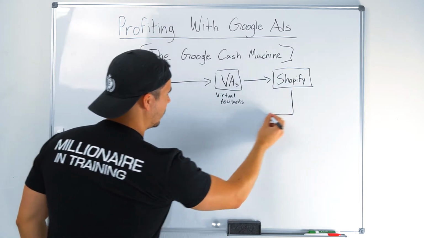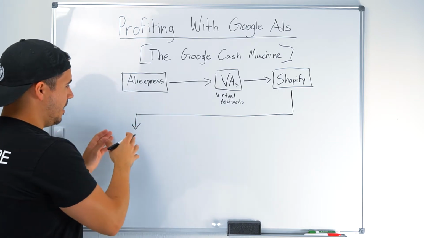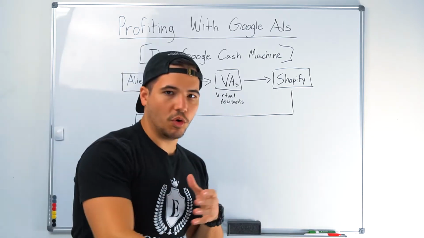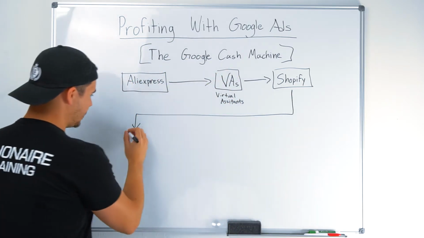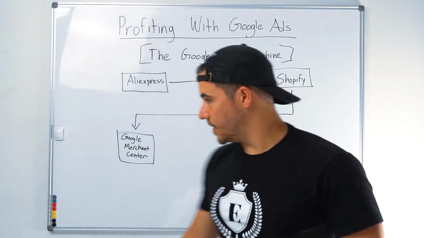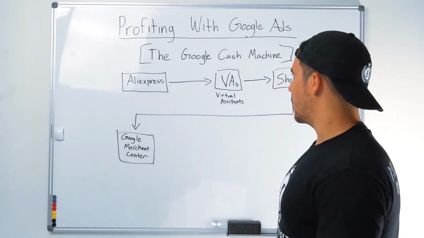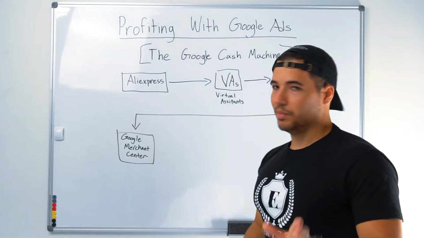So I'm going to come down with Shopify all over here. And then this is where the magic with Google happens, and having this whole entire cash machine be automated. The next process here is called Google Merchant Center. That's the next step in this entire process. So again, guys, I'm just going over every individual step so you don't miss anything.